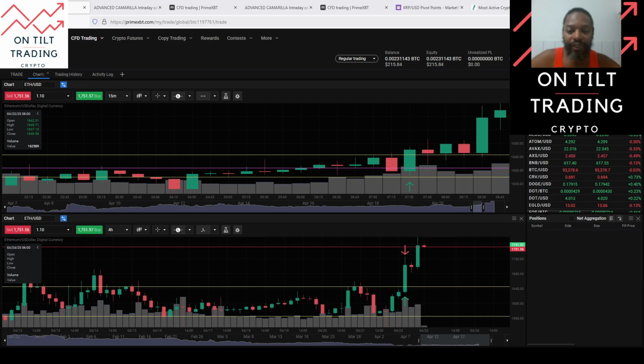So with this being the R4 Camarilla pivot level here, we can see we get a close above the R4 level here, and then we get continuation of the price action breaking out above this level here. So this would trigger an entry signal for me to go long here on Ethereum.